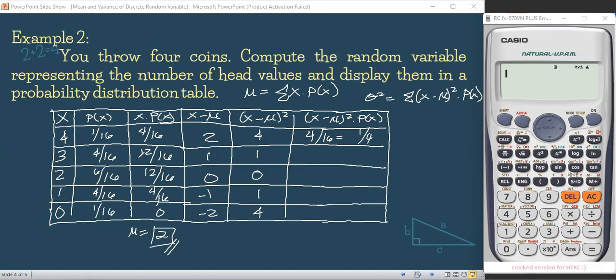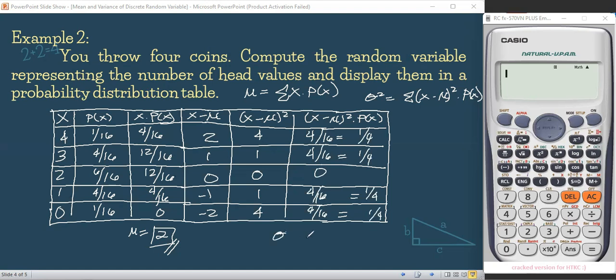And 1 times 4 over 16, that is also equal to 1/4. And 0 po times 6 over 16, this is 0. 1 times 4 over 16, this is also 1 over 4. And also 1 times 4 over 16, this is 1/4.